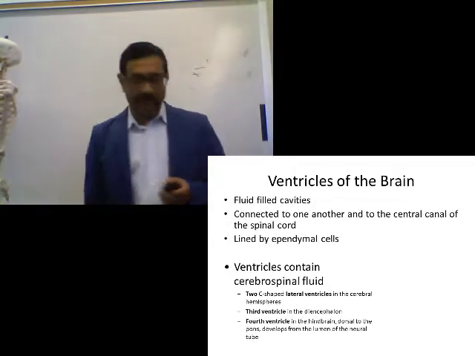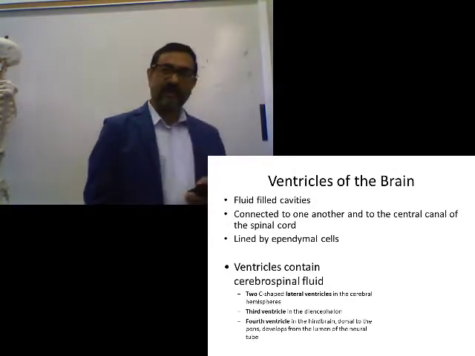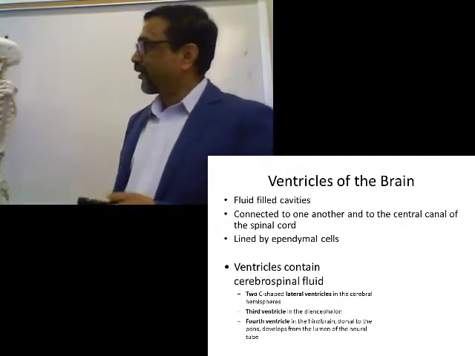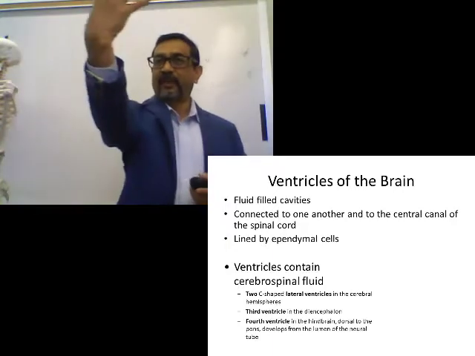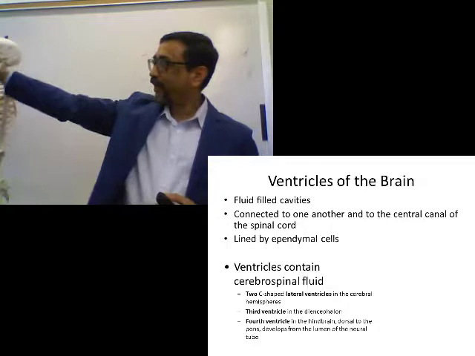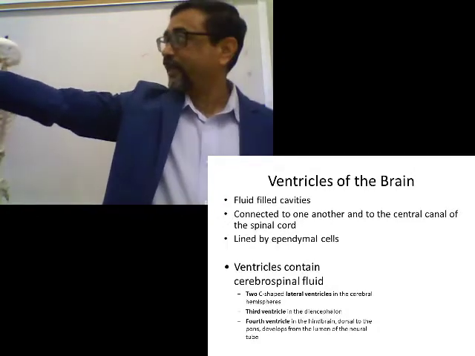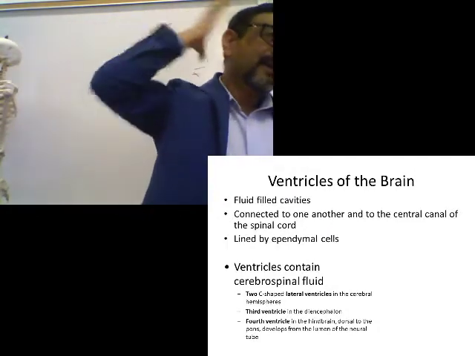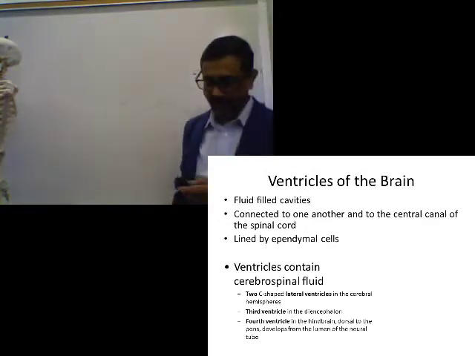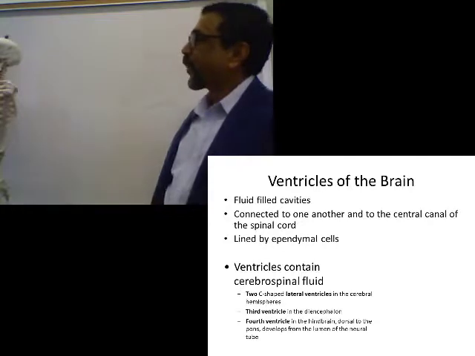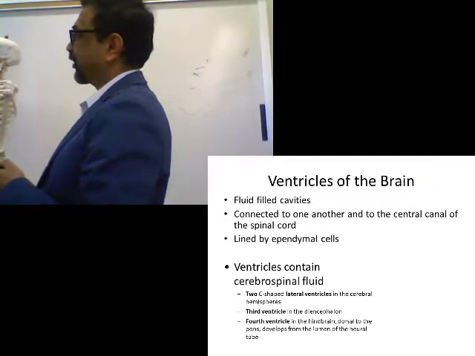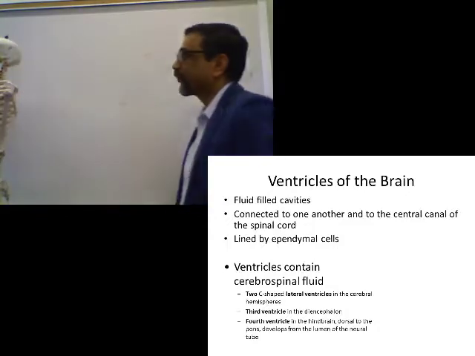Here you see the locations of those ventricles inside the brain. If you look this way, inside the brain, how the ventricles are located, shown in the left picture. If you look from the side this way, the ventricles are located that way. So, first you see 2 lateral ventricles, upper 2.